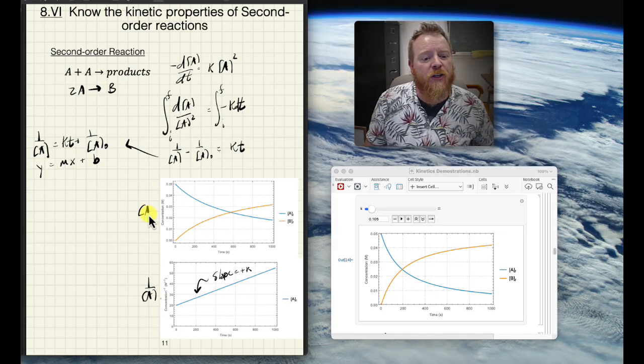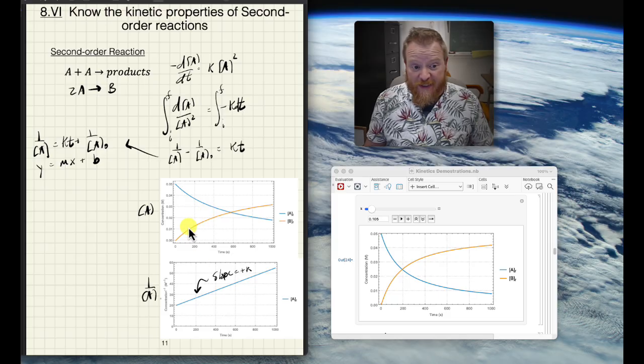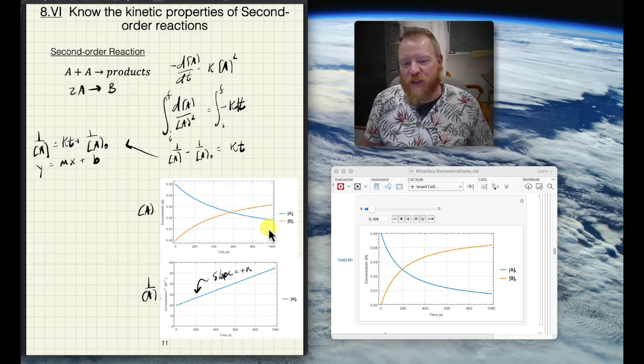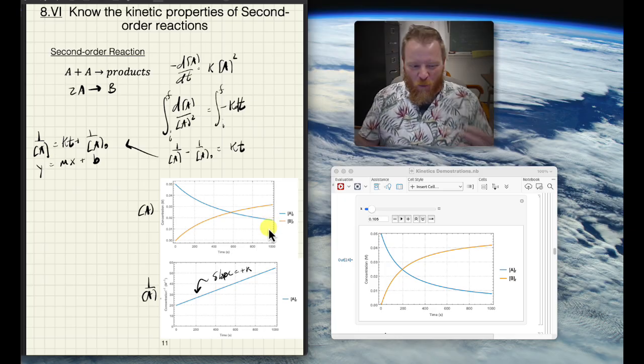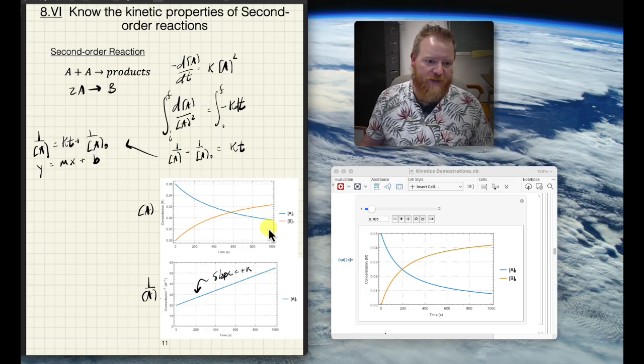Well, what if we were to just plot concentration versus time? It looks like this exponential decay, but it's not. It's a 1 over x function, or I guess 1 over y in this case.